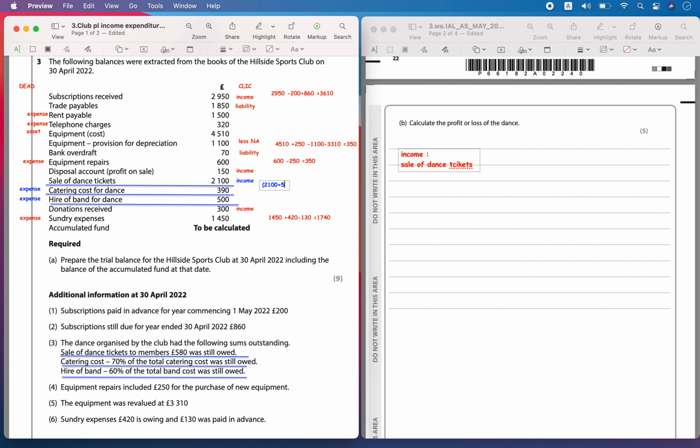So 2100 plus 580 is the total income, so that is equal to 2680.